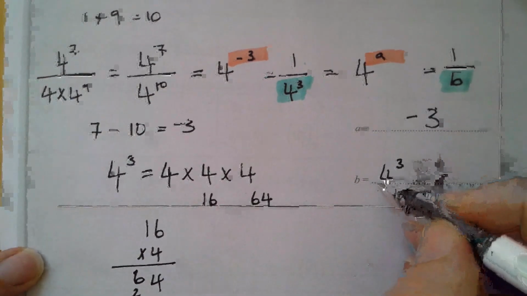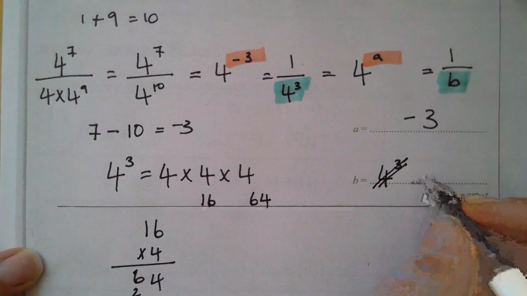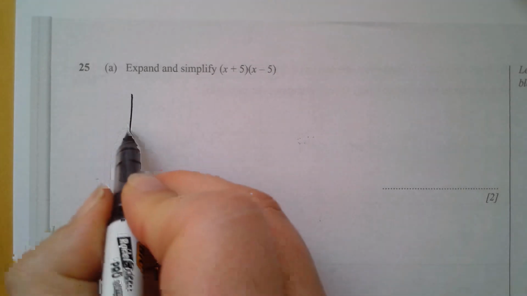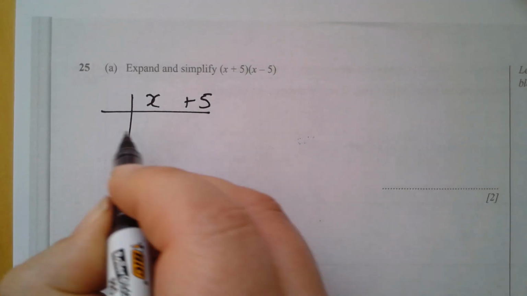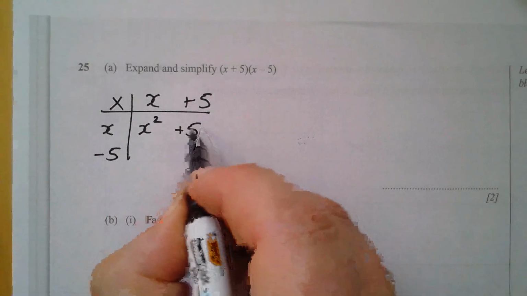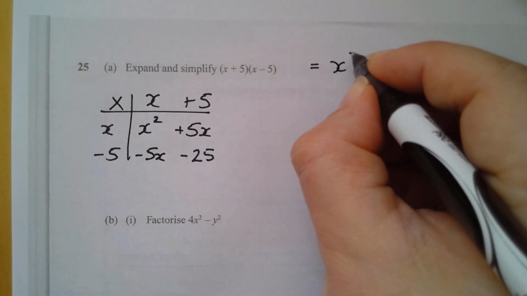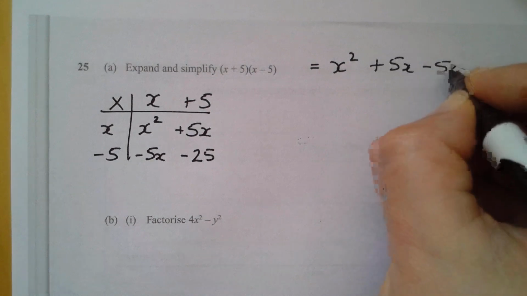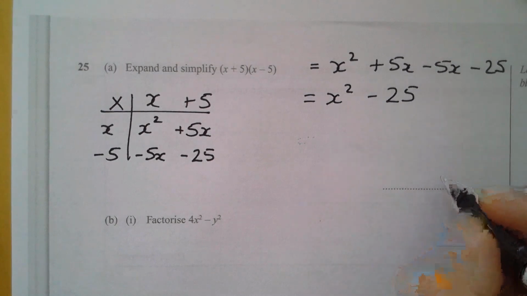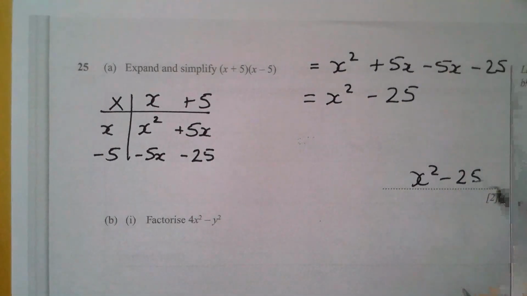So rather than this being 4 to the power 3, because actually on the answer line we need an integer, B is 64. Now that was 2 marks.